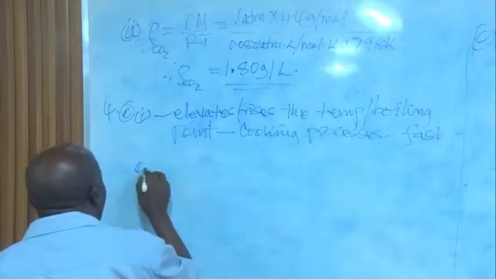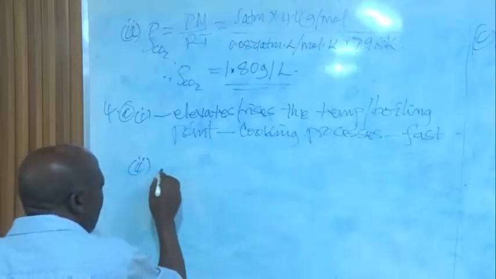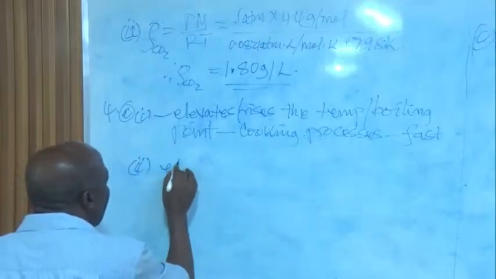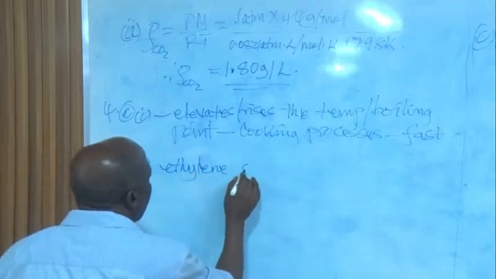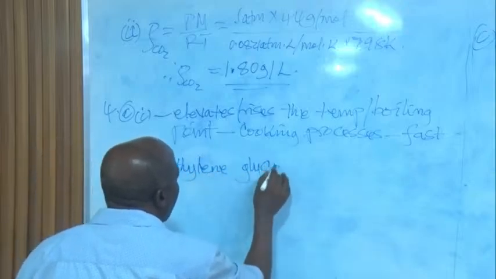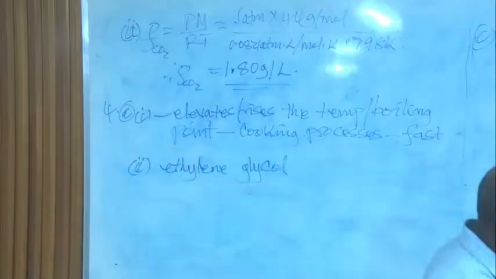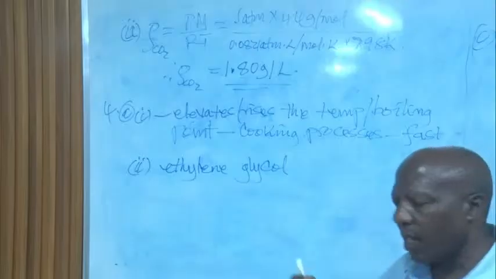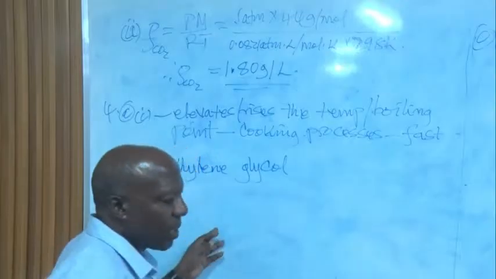Now, we have these solutes which we call antifreeze, for example, ethylene glycol. Ethylene glycol is one of the solutes which are added in the radiator water in order to raise the boiling point of water.